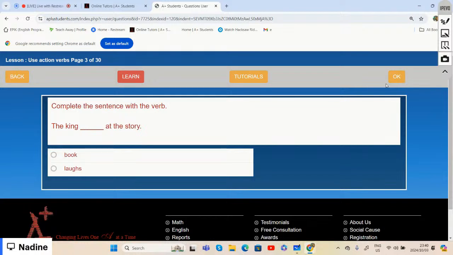We need to complete the sentence. It says the king. Do we say book at the story, option 1, or do we say the king laughs at the story, option 2?